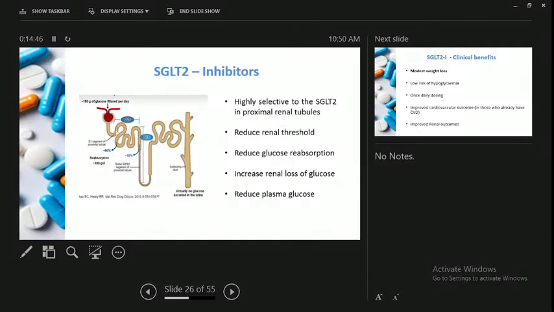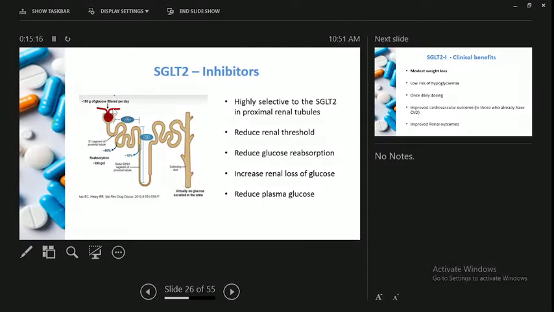So how do they act? If you look at your nephron, there are SGLT2 transporters, that is sodium glucose 2 transporters, in the proximal tubule, and out of all the glucose that is filtered through the glomerulus, 90% is reabsorbed by this SGLT transporter. What this drug does is this reabsorption is inhibited, so that the glucose is lost with the urine of the patient.